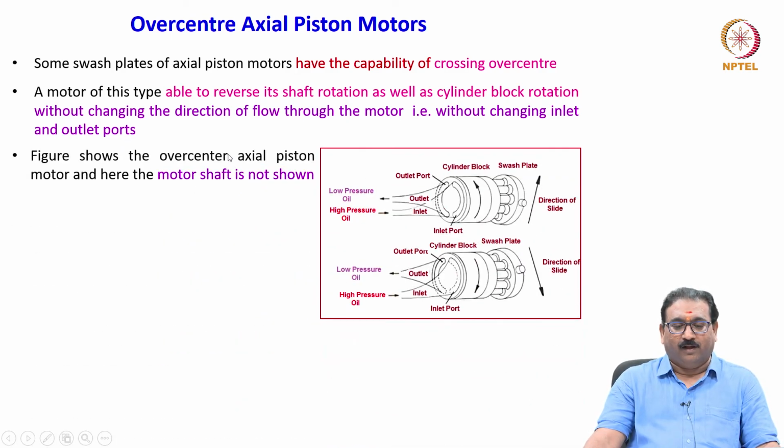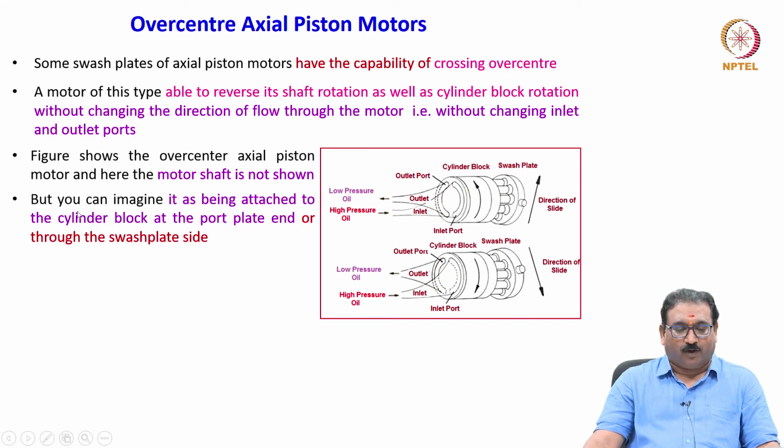The figure shows the over center axial piston motor, and here the motor shaft I have not shown, but you can imagine it being attached to the cylinder block at the port end or through the swash plate side.